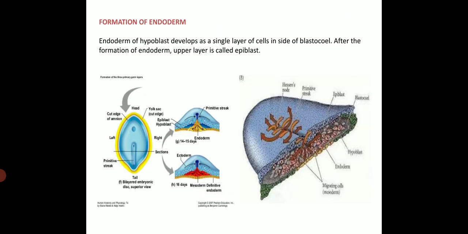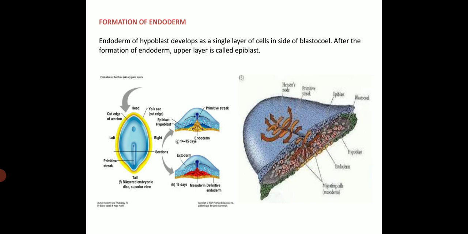We have already discussed two major events. The first one is formation of endoderm. The endoderm, or hypoblast, you can see here, will develop as a single layer of cells inside the blastocoel.